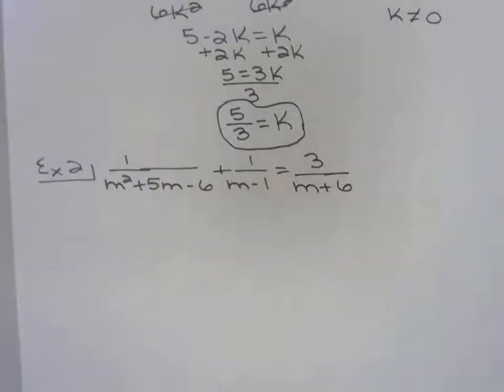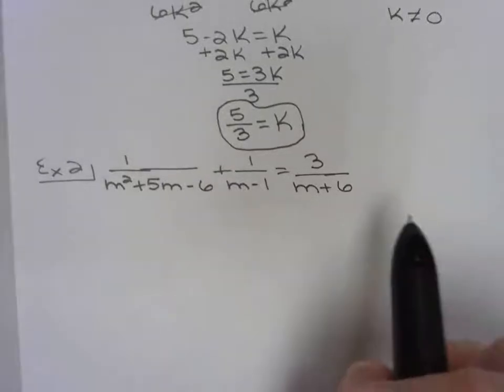This is a rational equation because of the equal sign. So you do it the same way, except when you get common denominators, your denominators cancel.